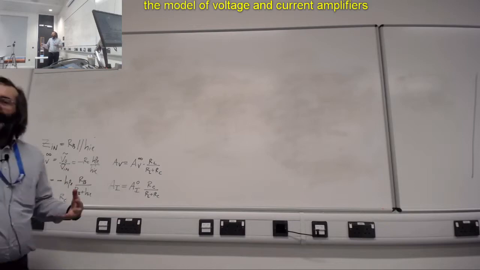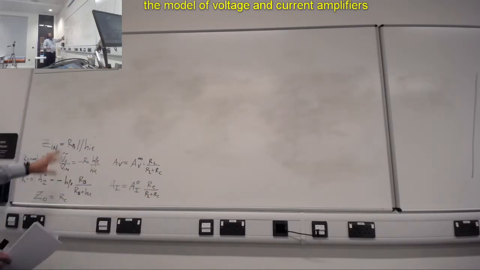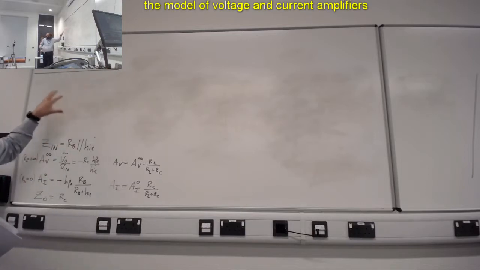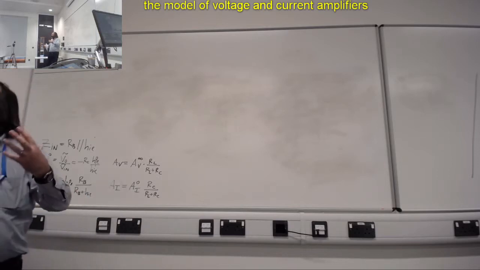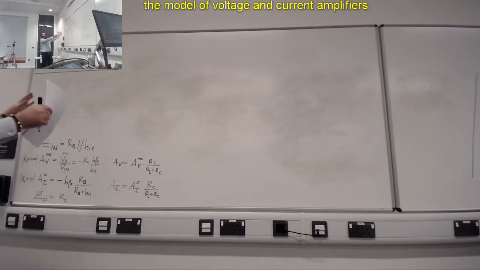From the point of view of the equivalent circuit, we know that if you get into the details of what these parameters actually mean, they relate obviously to the actual circuits they came from. But from a model point of view, from an equivalent circuit point of view, I have a circuit, for example that one that we had here, that we know has 4 parameters: Z in, AV infinite, AI 0, and Z 0.